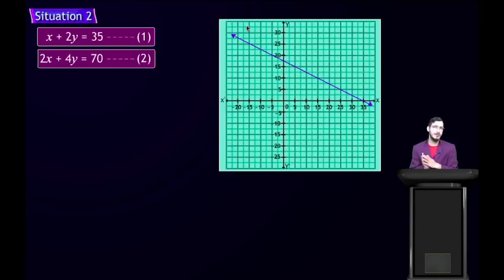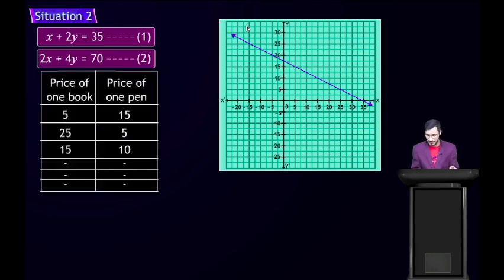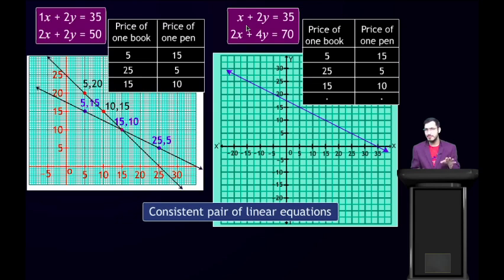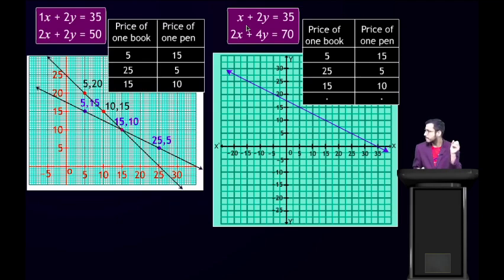Here you can see the graphical representation of both lines: these lines are overlapping. So in this case, there are infinitely many solutions. Consistent pair of linear equations, and that is independent.